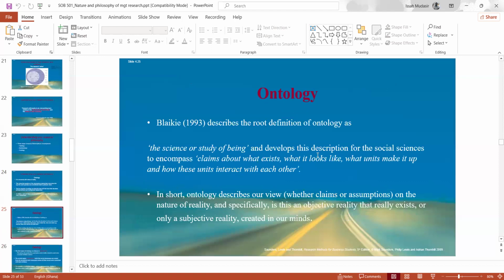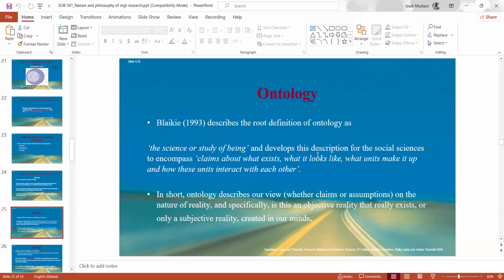Okay. So we have 2 types of ontology. We have objectivist ontology and then subjectivist ontology. Ontologists that believe that reality exists, whether we perceive it or not, it exists. They are the objectivist what? Ontology. Those who believe that reality is socially constructed out of our daily interactions and the advancement of society, reality can change and there can be different realities.